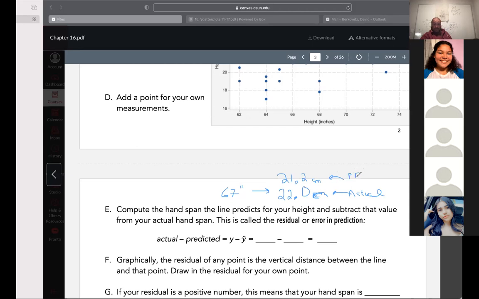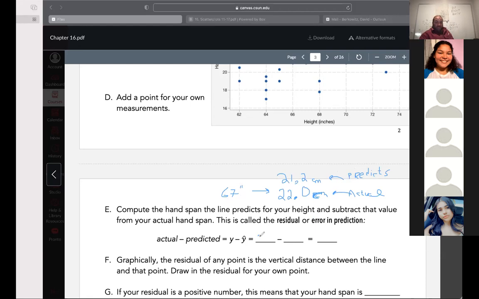This is what the line predicts that someone of your height should be, and this is what you actually are. So we compute actual minus predicted: the actual y value minus y hat, the predicted value.